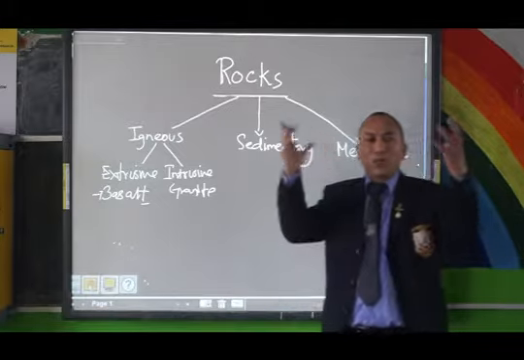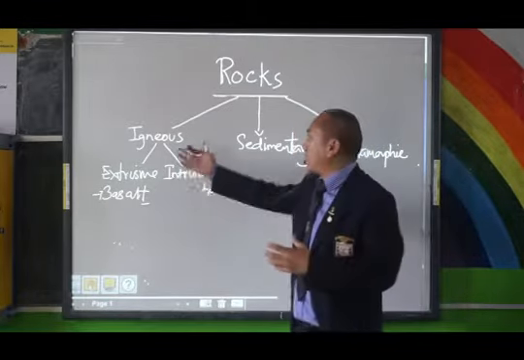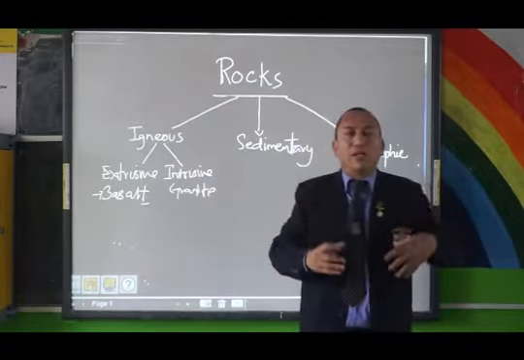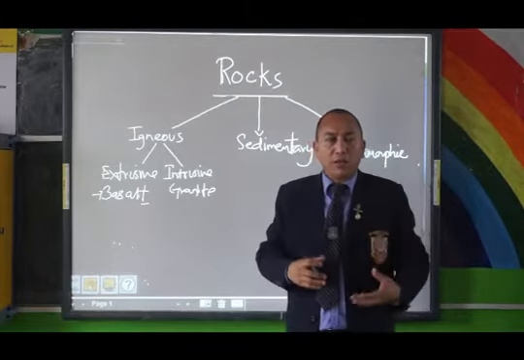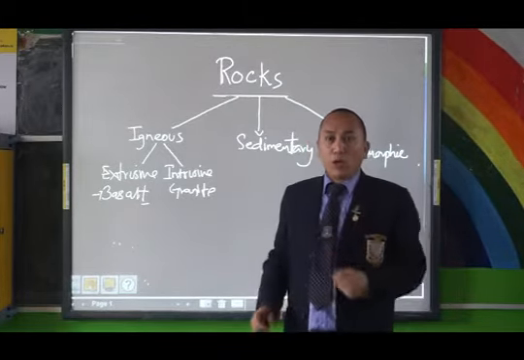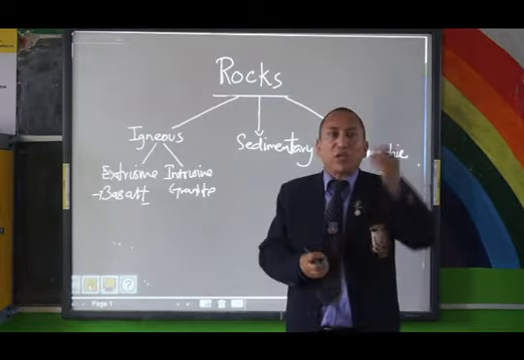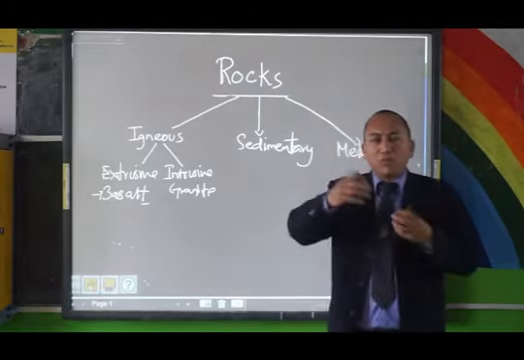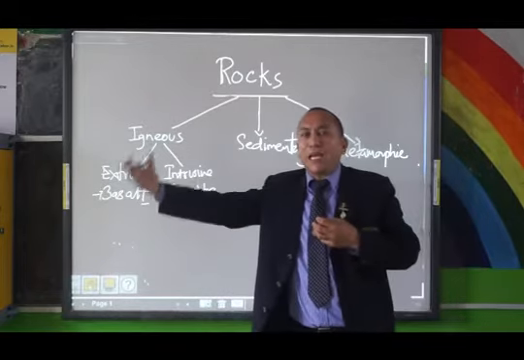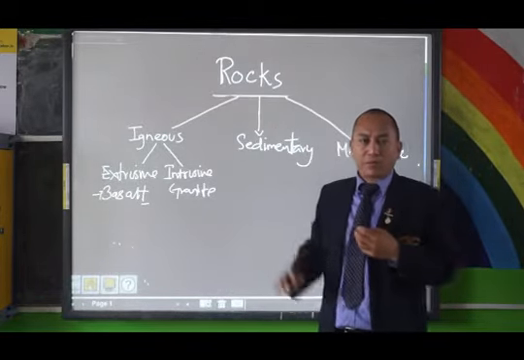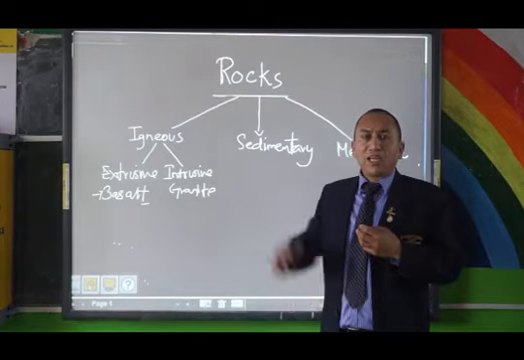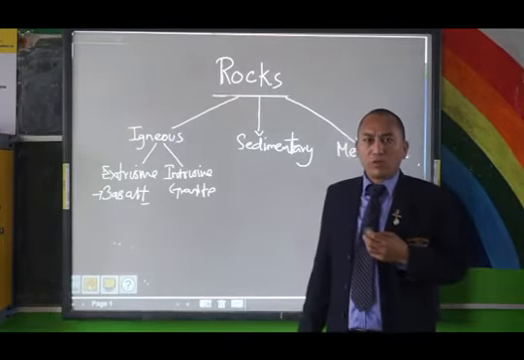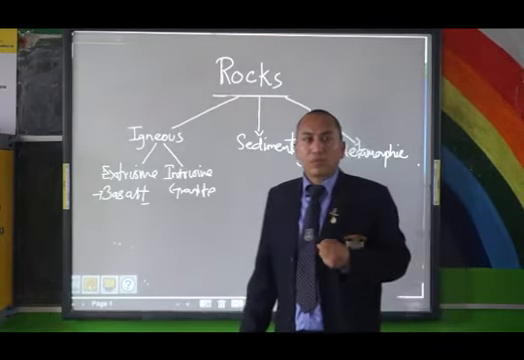See, when the igneous rocks are broken down, either because of rain, wind, or glaciers, the rocks start to break down and form small particles. These small particles are taken to a low-lying area, somewhere in the lower areas, because of wind.